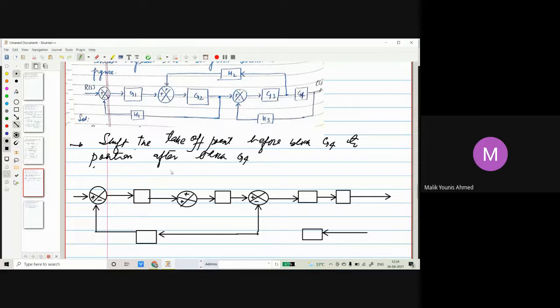Sorry, this is the take off point. This is wrong here. Wait. We should have taken it to this take off point, because this is a take off point here. Take off point is here.